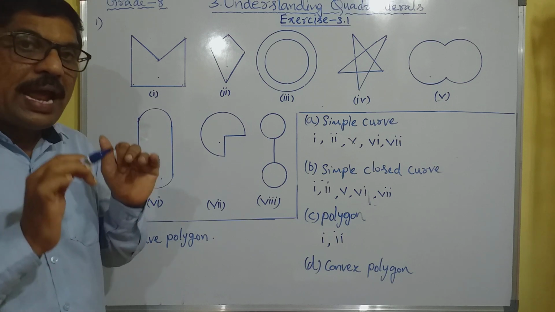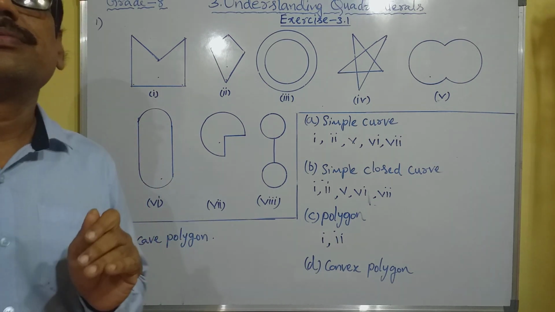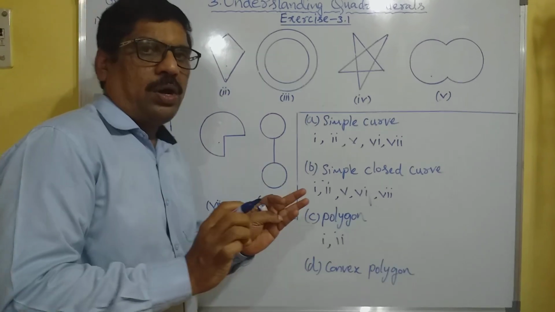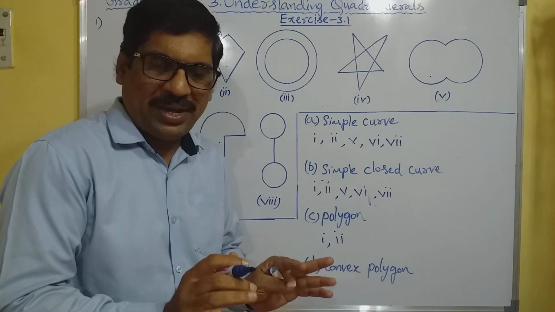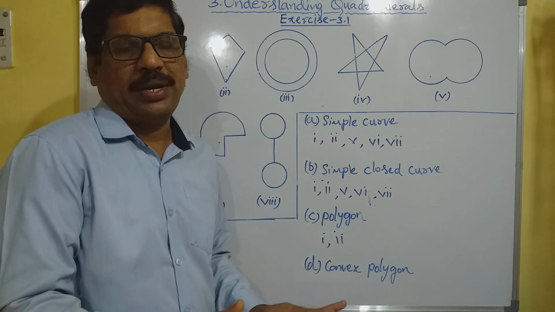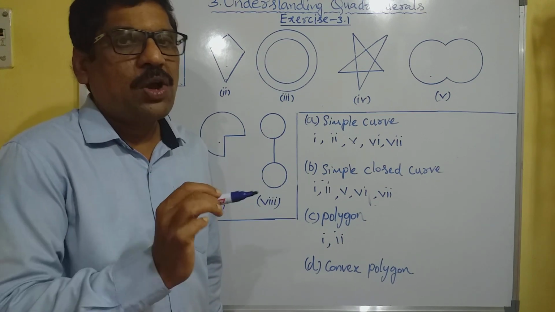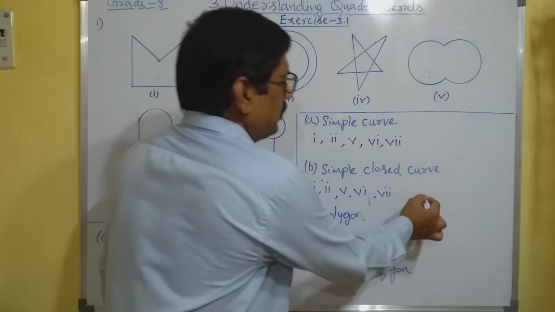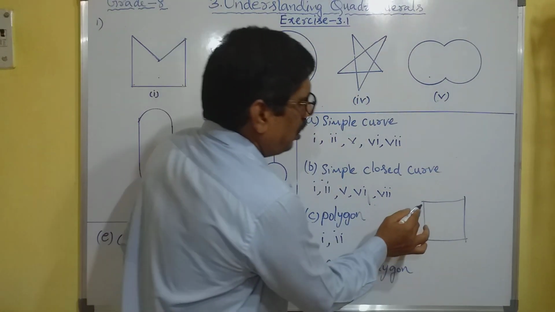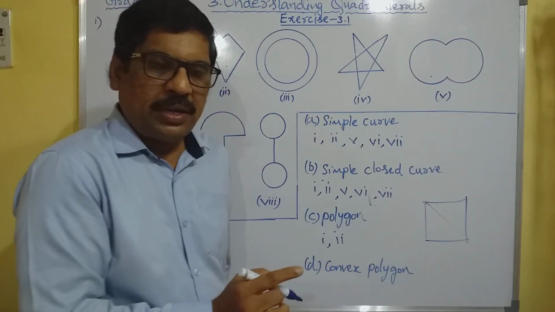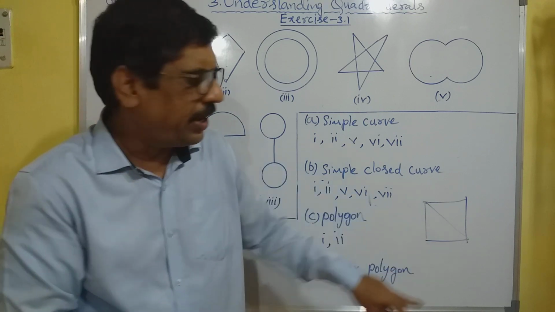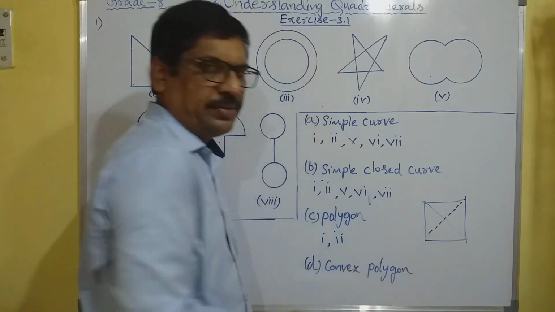It must lie entirely in the interior of the polygon. Then we can call it a convex polygon. For example, look at this. If I have taken a square like this, if you draw its diagonal, does it lie inside the square? Yes, inside. Now this one, this is also inside.